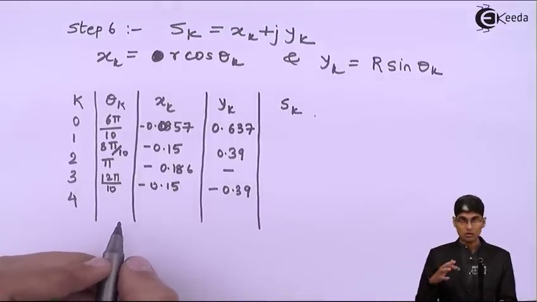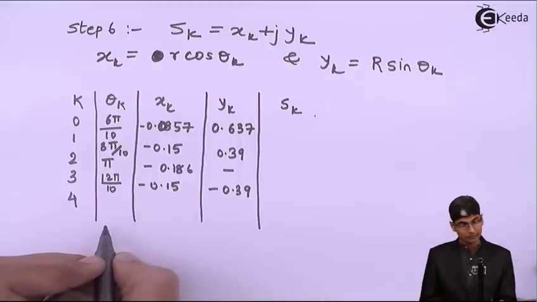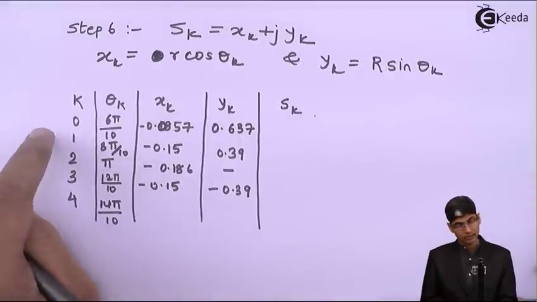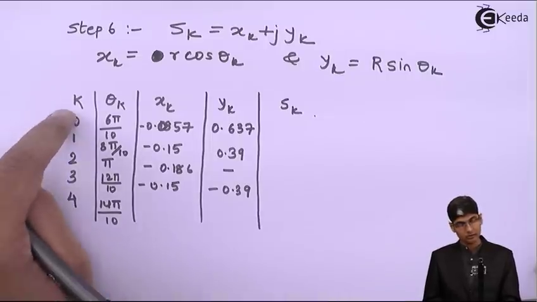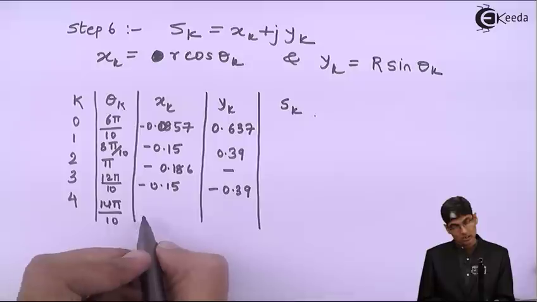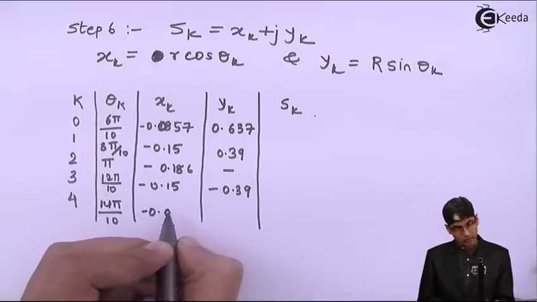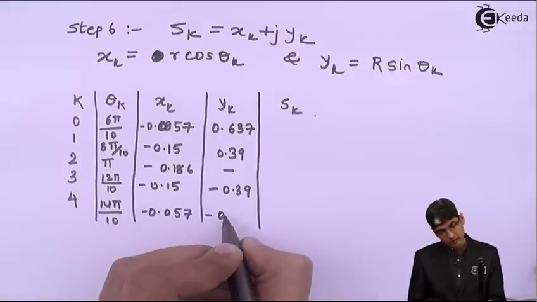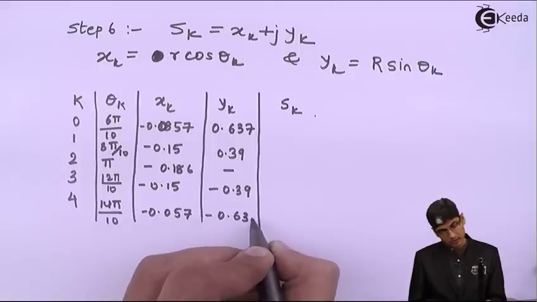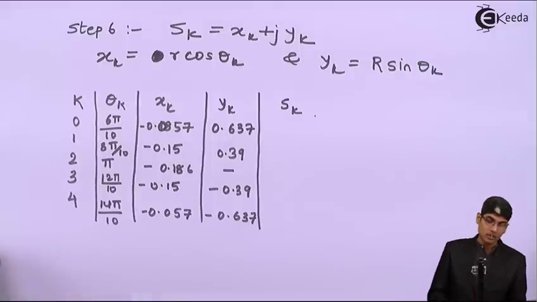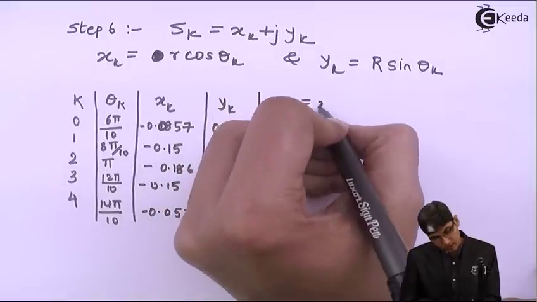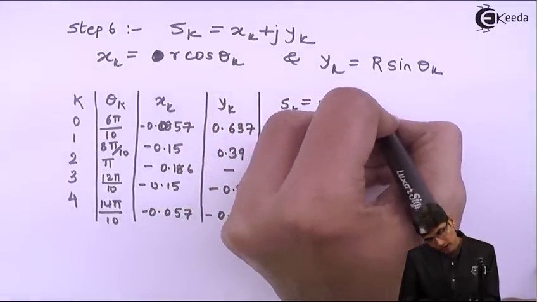Sine is odd and cosine is even. For 4, it is 14 pi by 10, and the value is replicated over here, so it will be minus 0.057, and here minus 0.637.